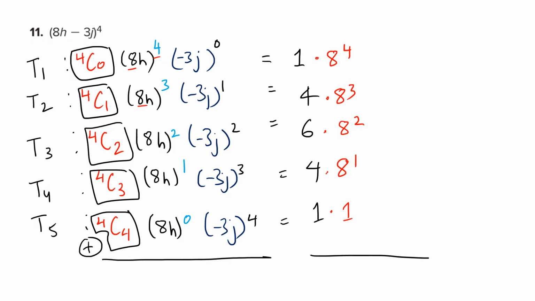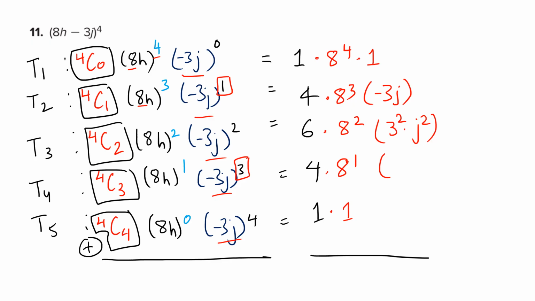Now the second term, you have to be more careful because there is a negative sign. When the power is 0, it will become 1, no problem. But when the power is odd, like this, there is a negative sign, so this will give you a negative answer, minus 3j. Be careful. And we also have here an even power, which means it will become positive, so 3 squared will be 9, and then not to forget j squared.